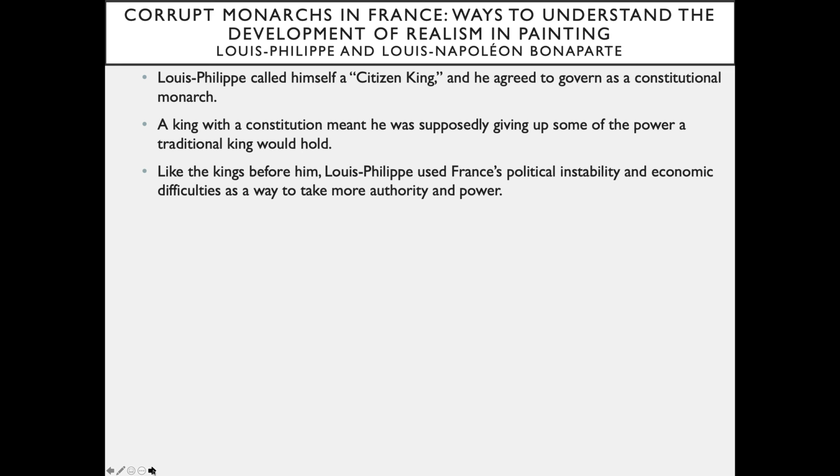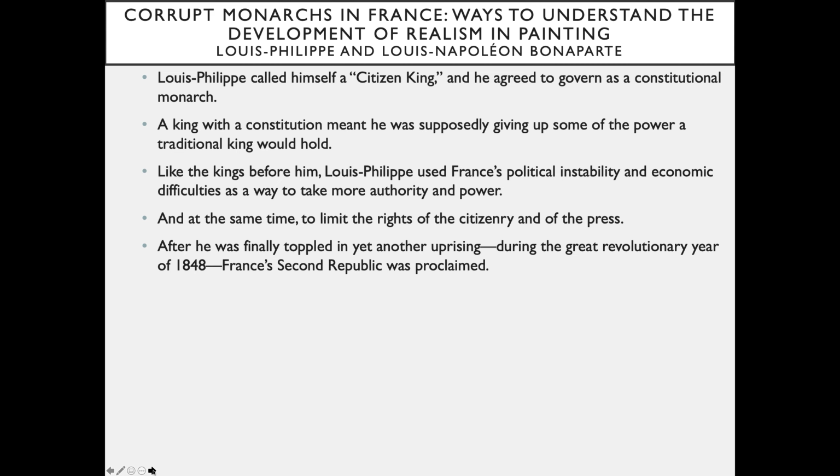Like the kings before him, Louis Philippe used France's political instability and economic difficulties as a way to take more and more power and authority. At the same time, he limited the rights of the citizens and of the press, so of the journalists.